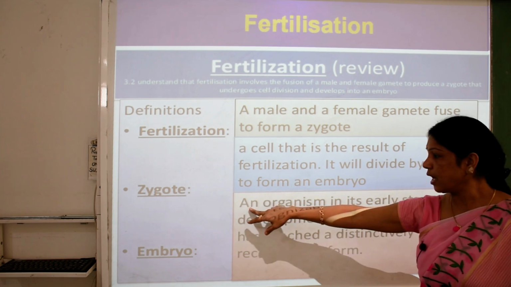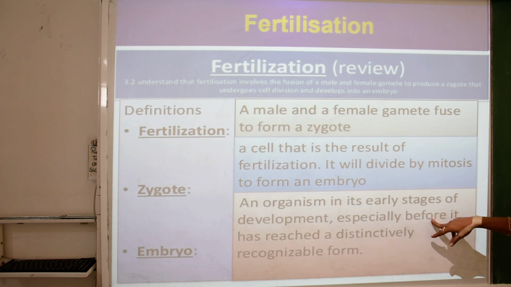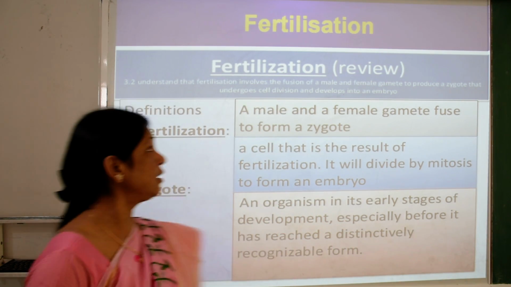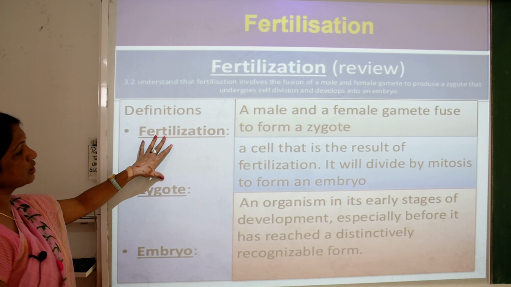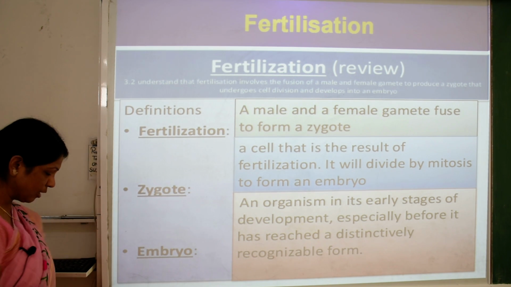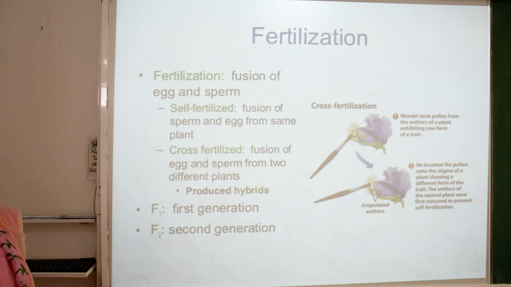An organism in its early stage of development, especially before it has reached a distinctively recognizable form, is the embryo. So, here we have seen one by one what fertilization, the zygote, and the embryo are. Now, further we are going to see fertilization.